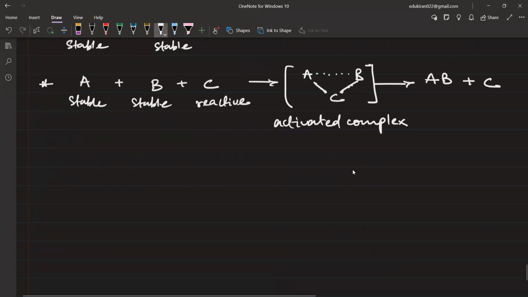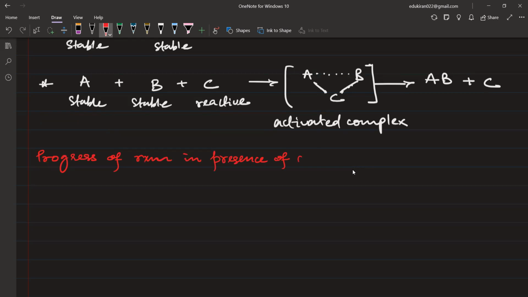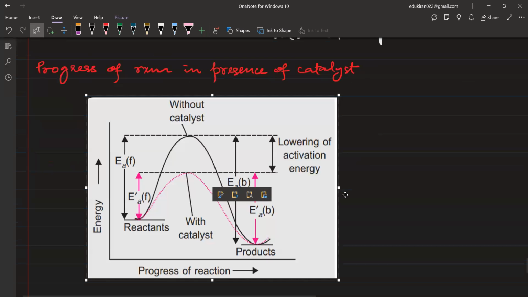Right, next, progress of reaction in the presence of catalyst. Okay, so you can copy this.